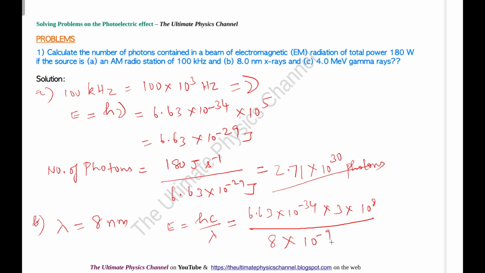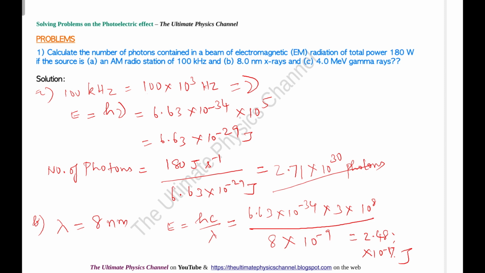If you do the math, you would get the energy of each photon in this case as 2.48 times 10 power minus 17 joules.